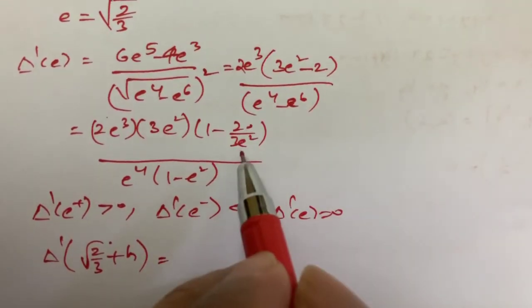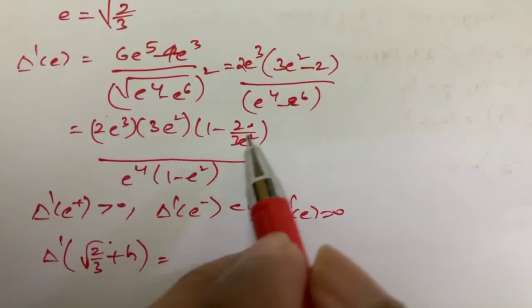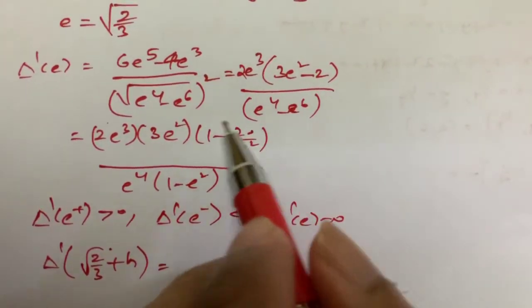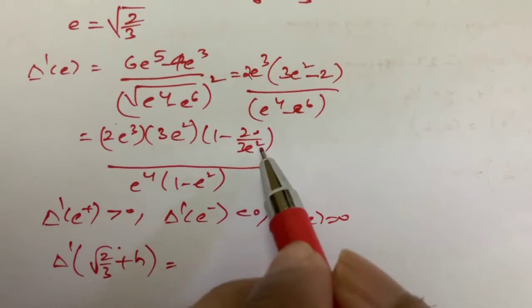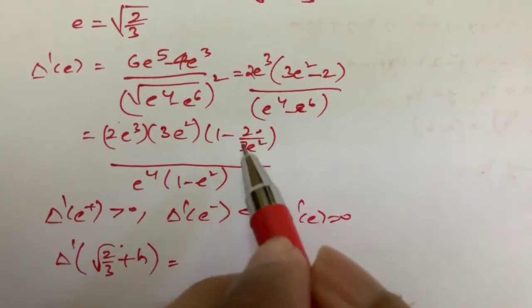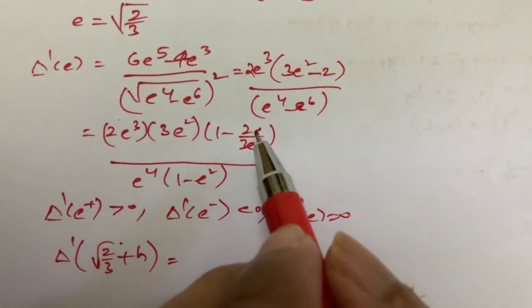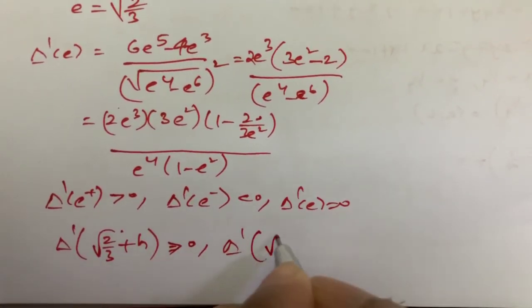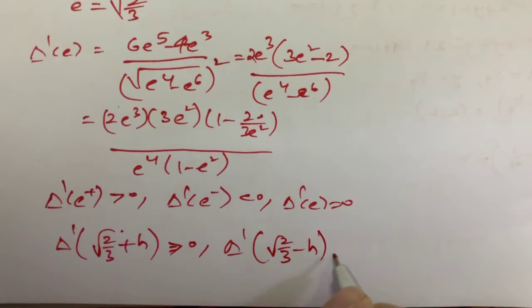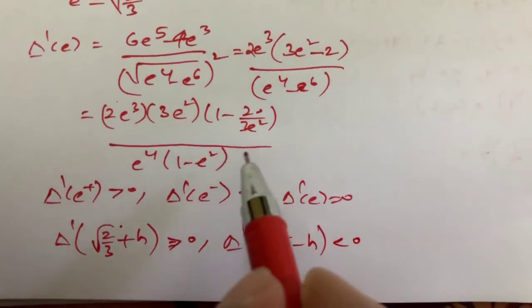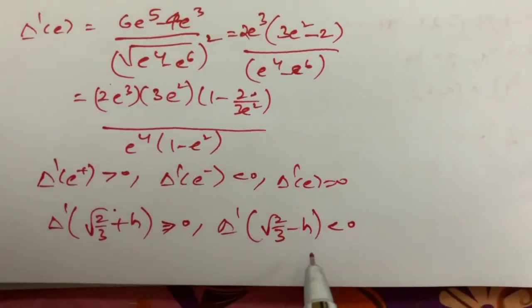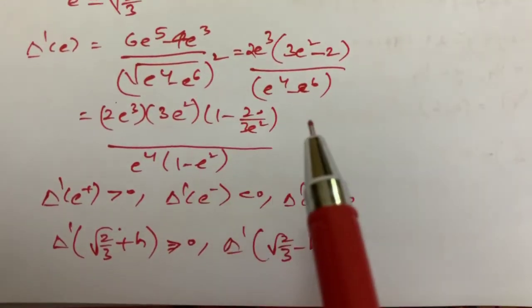So this value is clearly positive, greater than 0. And delta dash of √(2/3) minus h is less than 0. At 2/3 it is already 0. So it is clearly a minimum at e = √(2/3).